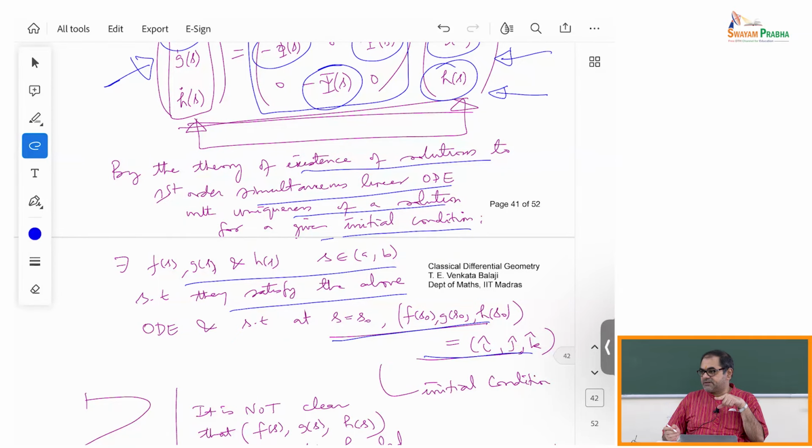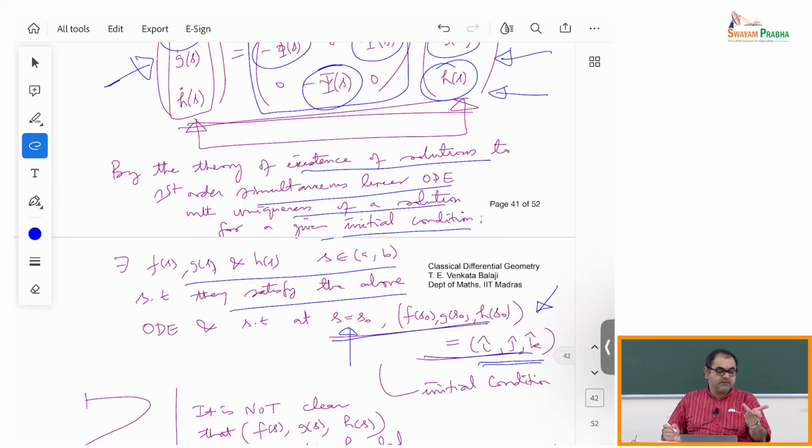This is a first order equation in the frame, so I can give only one set of initial conditions, at some point in the interval, that means for some parameter value s equal to s naught, I have to give you the frame, and that frame I choose to be the standard frame in 3 dimensions, E1, E2, E3 or i, j, k, the unit vectors along the 3 directions. Now given this, the theory of differential equations says that there is such a solution, but what is the problem?